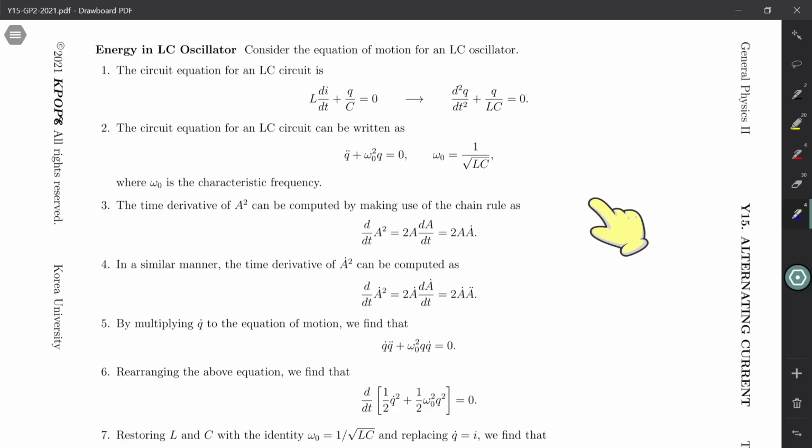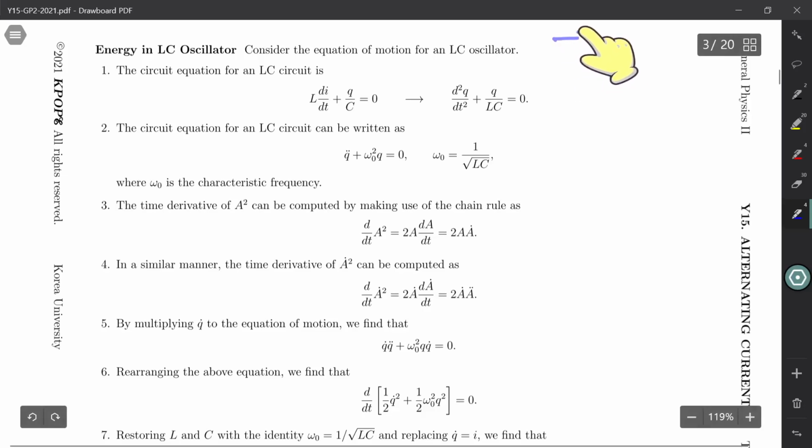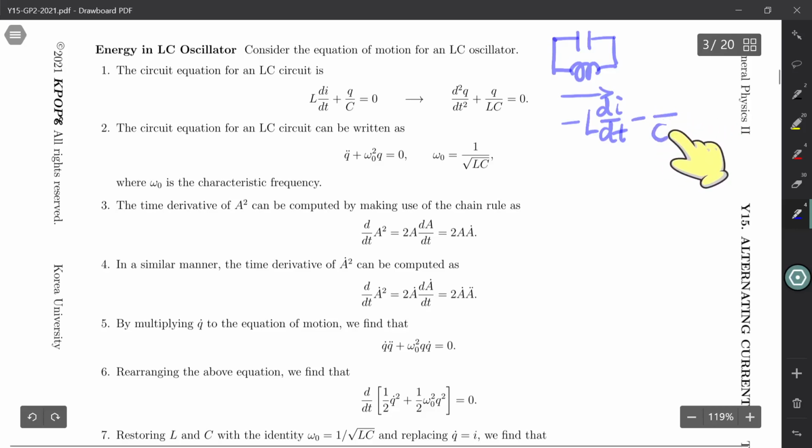The RLC oscillator has the equation, if we follow the current, the potential difference for the inductor, the potential difference for the capacitor, and this one should be 0 because there is no battery. Multiplying by minus 1, we have the equation of motion.